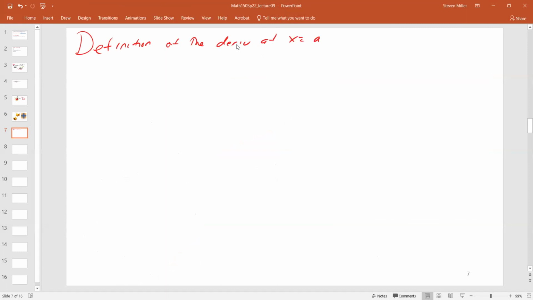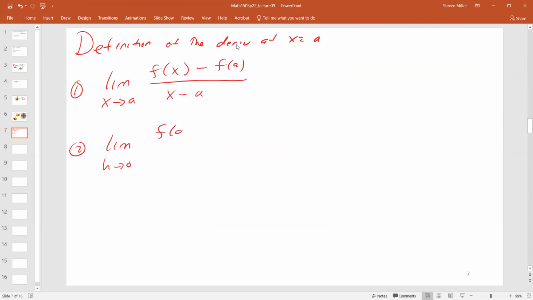And there's three ways to write it. One, it's the limit as x goes to a of f of x minus f of a over x minus a. Two is the limit as h goes to 0 of f of a plus h minus f of a over h. So hopefully you've seen both of these.